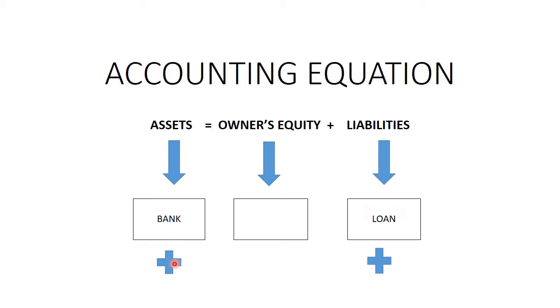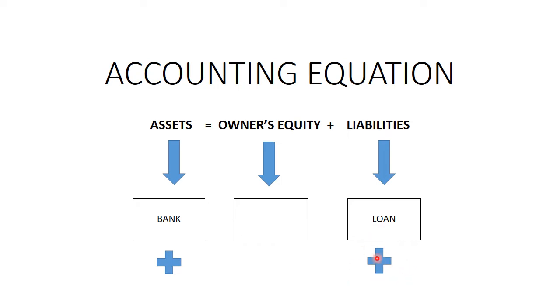That means we now have more money in our bank account simply because an amount was borrowed. And with our liabilities, we are looking at the external entities that we have borrowed money from. So the loan account will also be affected in your liabilities.